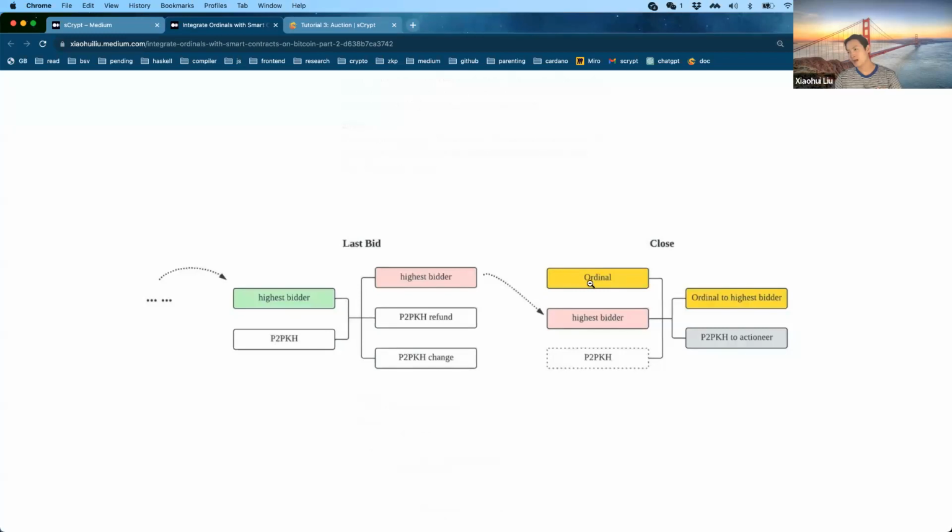So how does this contract make sure it's the right ordinal? Anyone have an idea? How do you know this is a pay 41, but not bored apes 21, let's say? How does the contract enforce that it's the right ordinal?